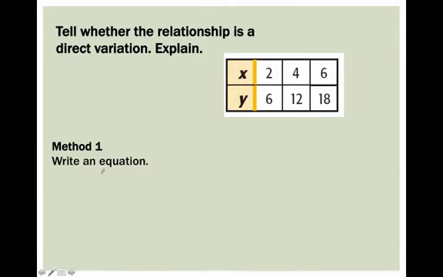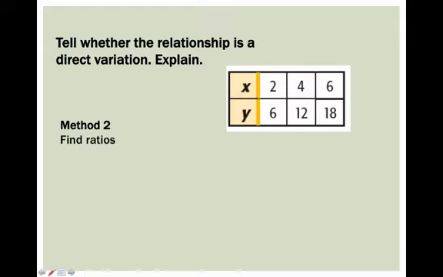So I see that y equals 3 times x. Every time I had an x, I was able to multiply it by 3 to get my y. So does this fit the form y equals kx? Yes, it does. Therefore, this is a direct variation, and my constant of variation is 3.